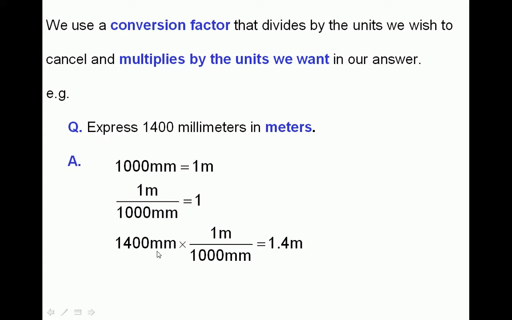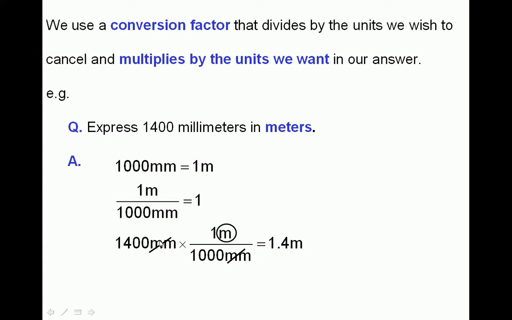So 1400 millimeters multiplied by 1 meter per 1,000 millimeters, and the units of millimeters will cancel out, leaving our units of meters remaining.